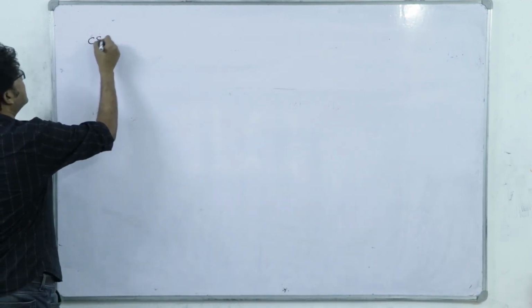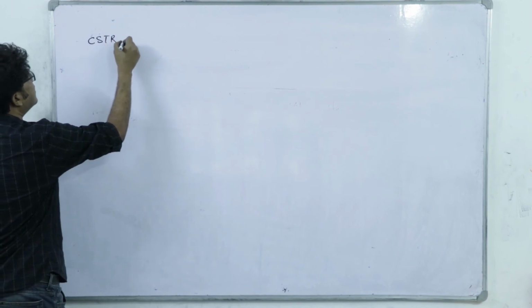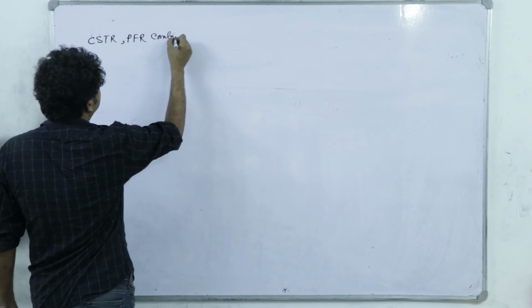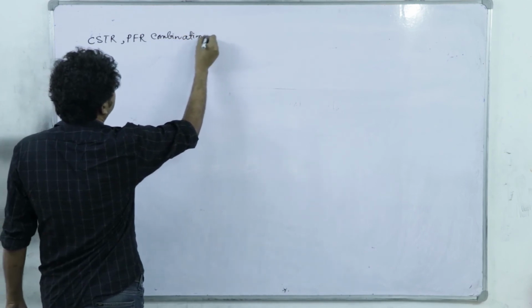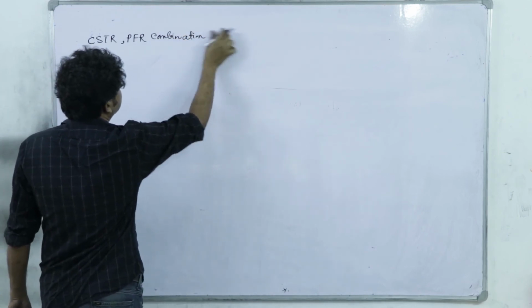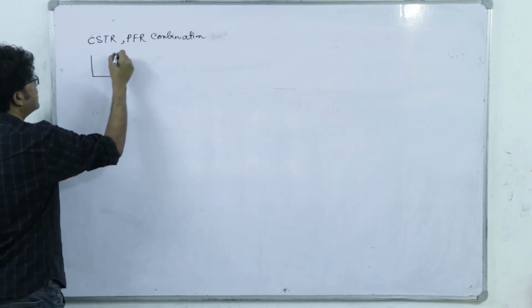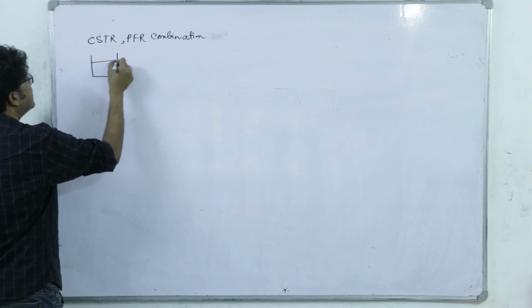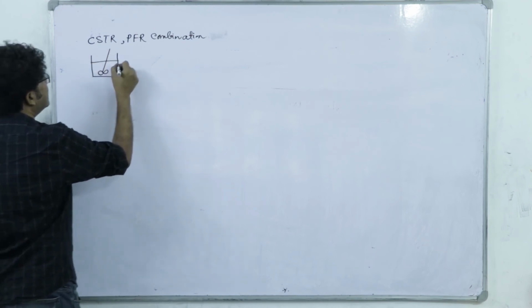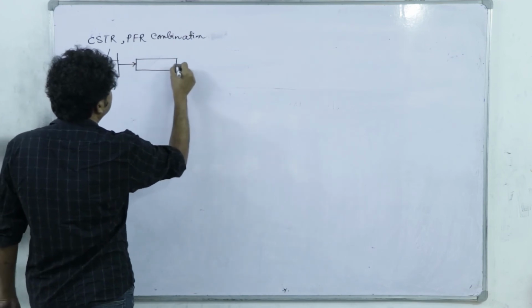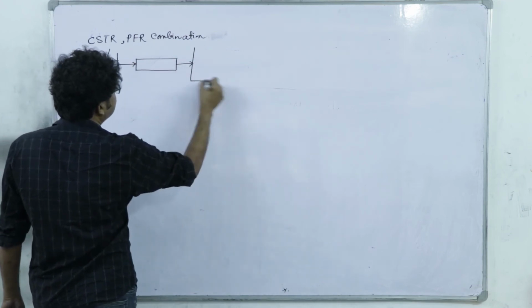So, Cstr Pfr combination in combination. Say we have a smaller Cstr, then a Pfr, and then a larger Cstr.